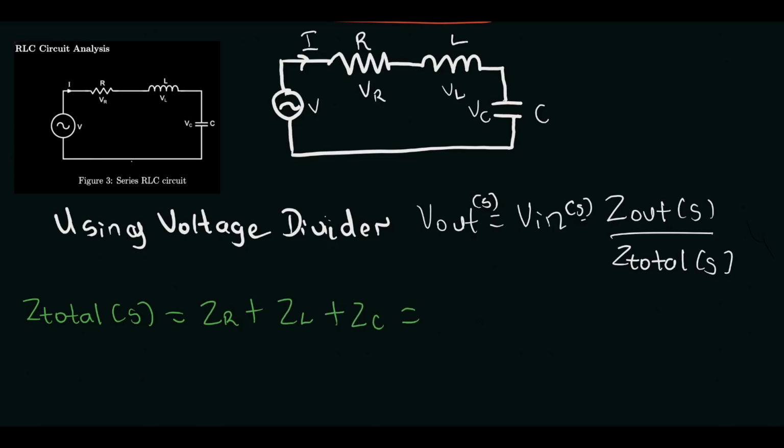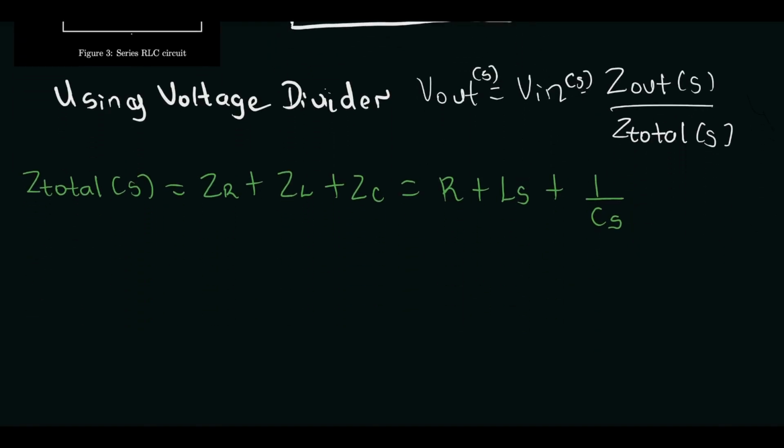And that will be equal to your R plus LS plus 1 over CS. Adding everything together, adding the fractions, we have RCS plus LCS squared plus 1 over CS.